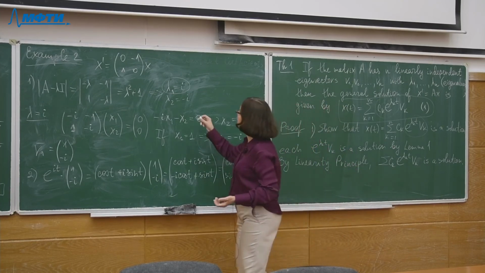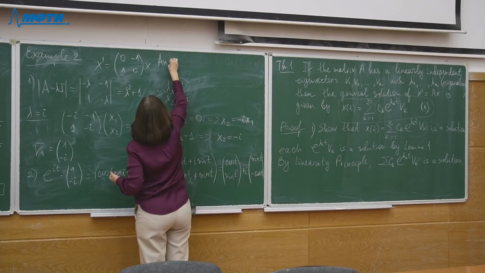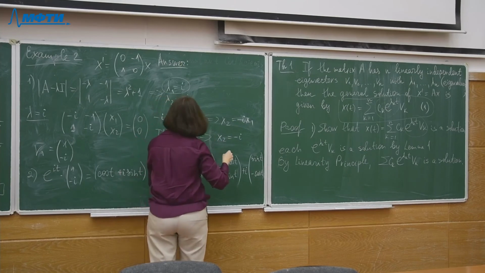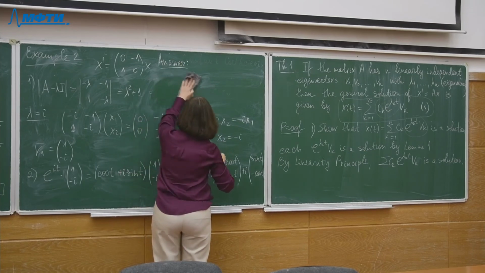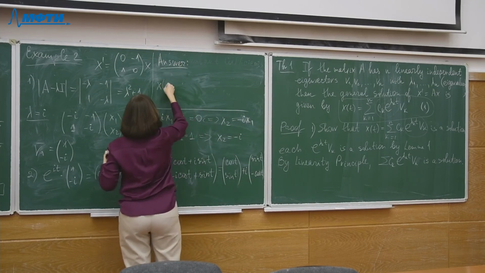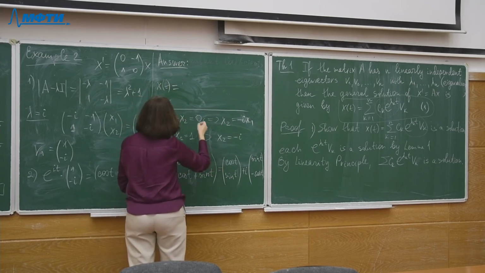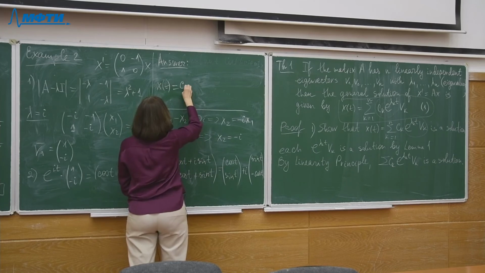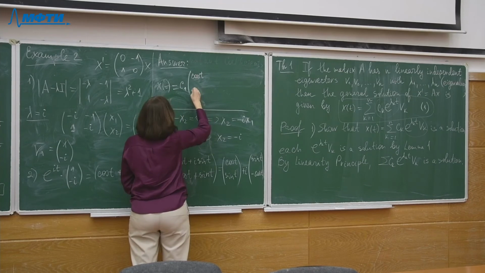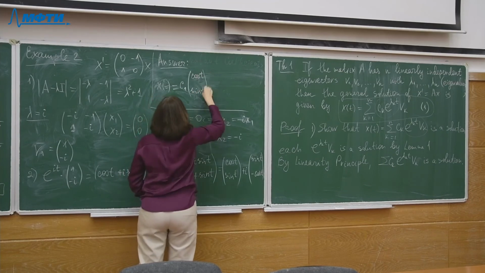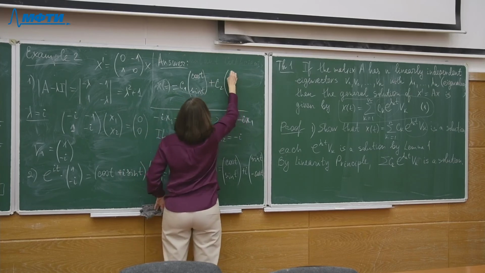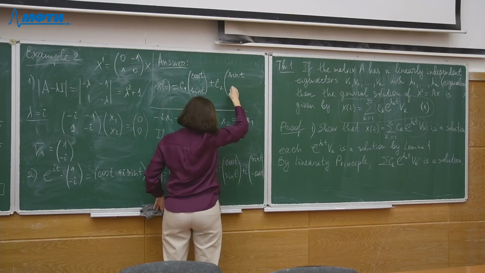So the answer will be C1 (cos t, sin t) plus C2 (sin t, minus cos t).